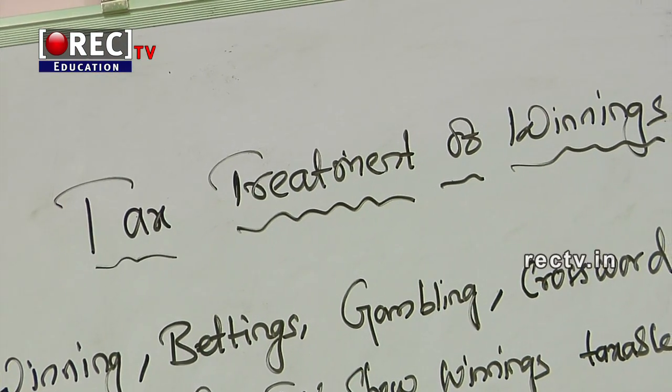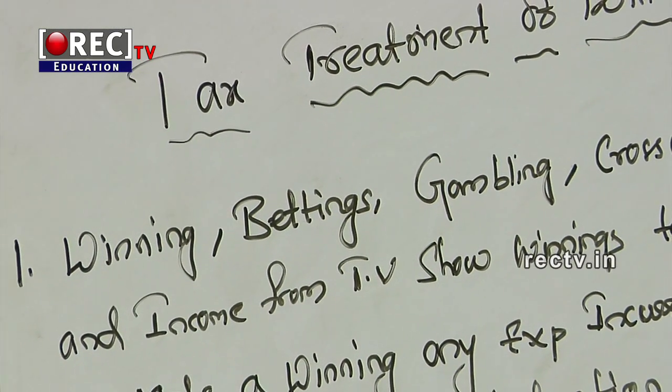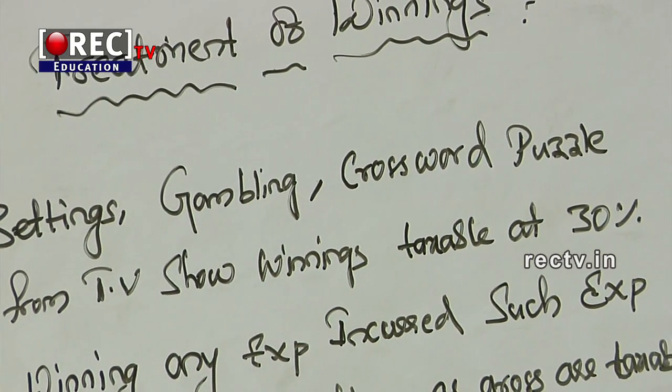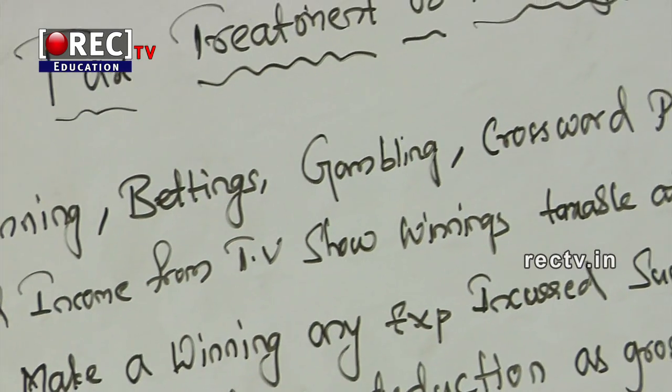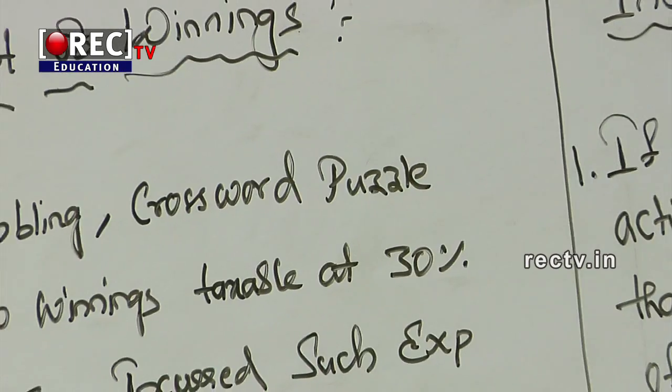Now, what is the tax treatment of winnings? Winnings from betting, gambling, crossword puzzles, and income from TV shows are taxable at a flat rate of 30%.